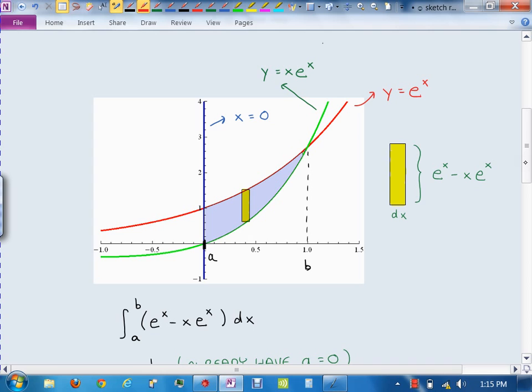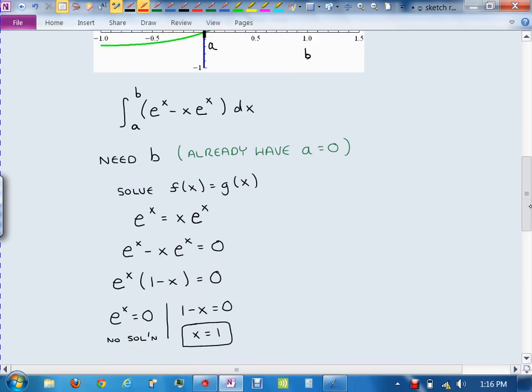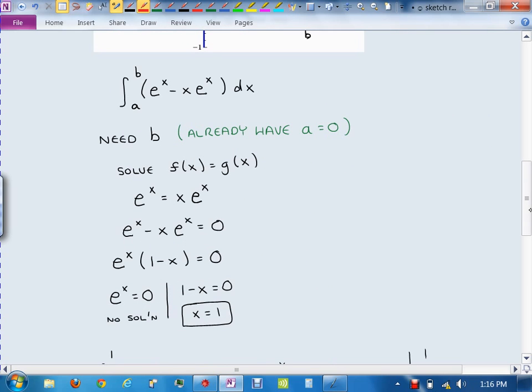Okay, so we have to find out a and b. Now, do we already know any of these? We already know a, right? Just from visual inspection, x equals 0 is a. The only thing we really need is b, and b is the intersection of those two graphs, right? So I'm going to have to set those equal to each other. So I'm setting e to the x equal to x e to the x.